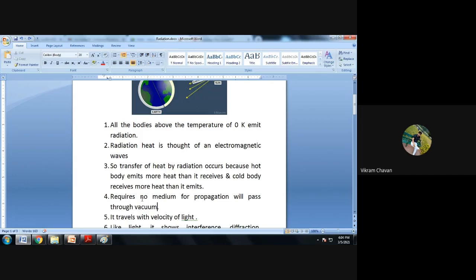It travels with the velocity of light. Note down the velocity of light, 3 into 10 raised to 8 meter per second.